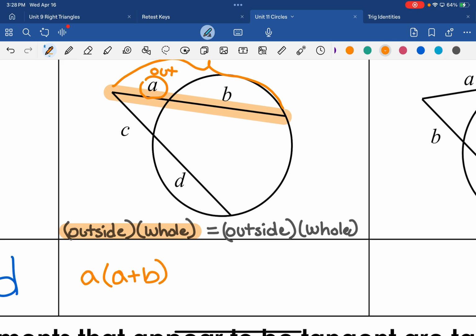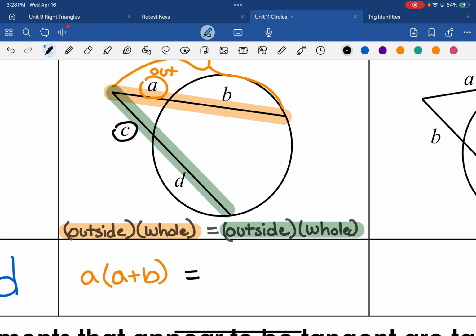Okay? So then we need to do my second secant. So my second secant has the parts C and D. What would be my outside piece?